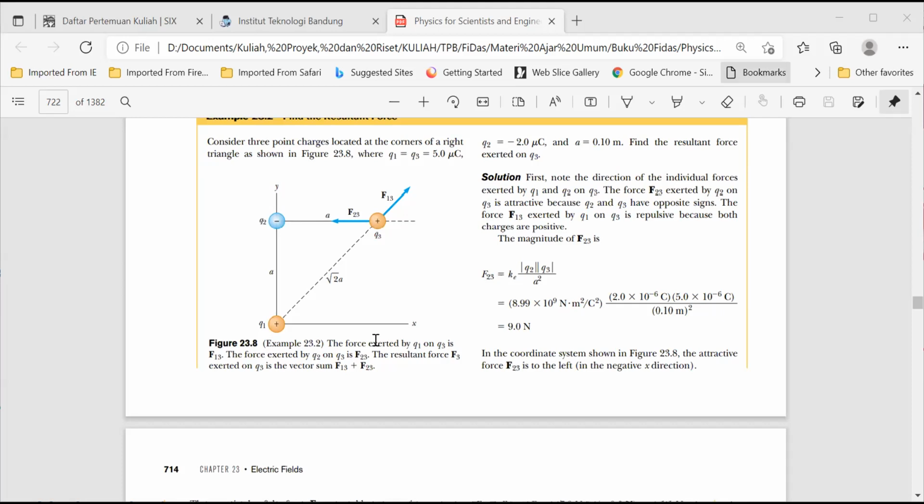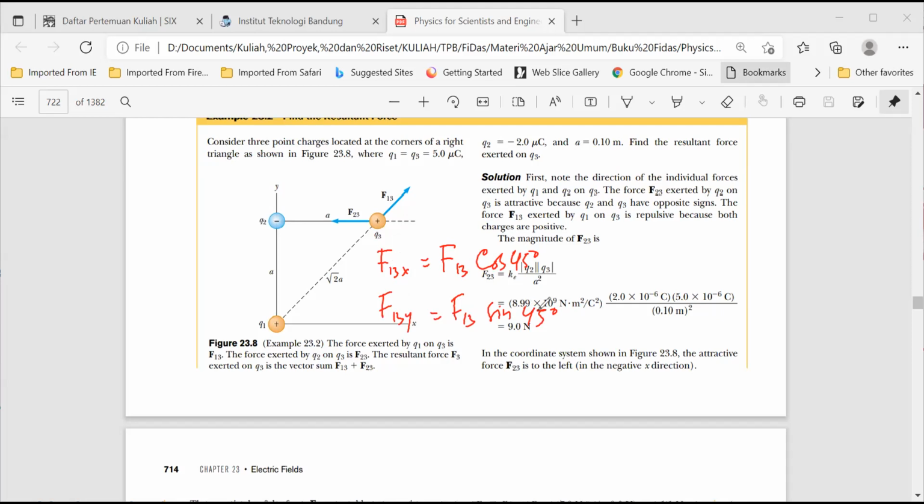So we have F13x is equal to F13 cos 45 degrees and F13y, the y component of F13, is F13 sine 45 degrees. So this is equal, okay?